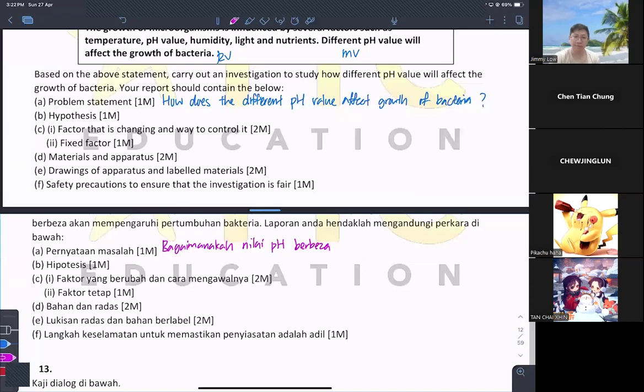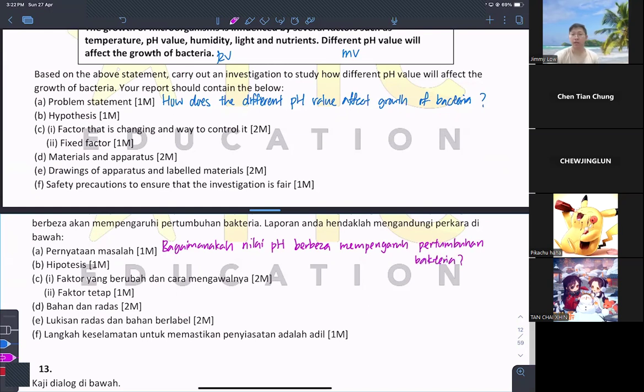If you don't want the word berbeza, also can. How does the pH value affect the growth of bacteria? Also can. Mempengaruhi, affect, pertumbuhan bacteria.